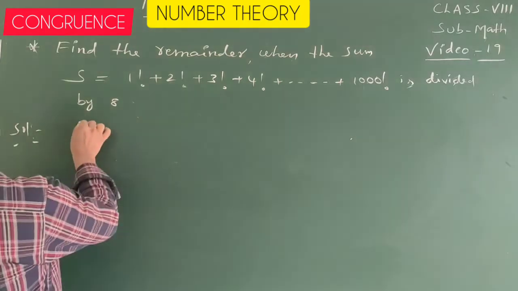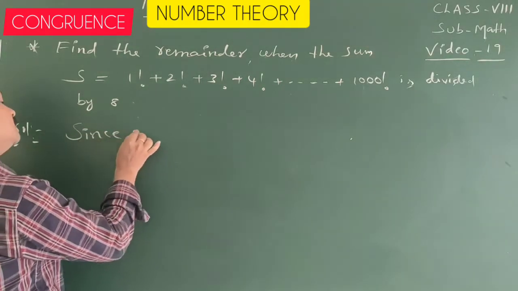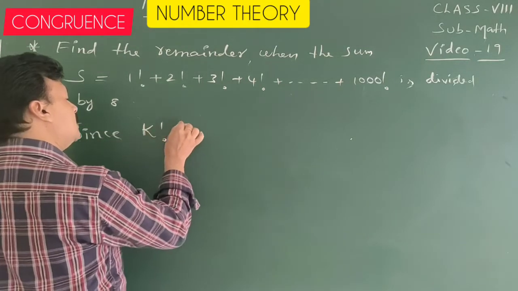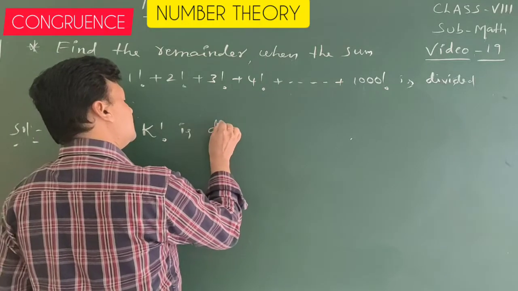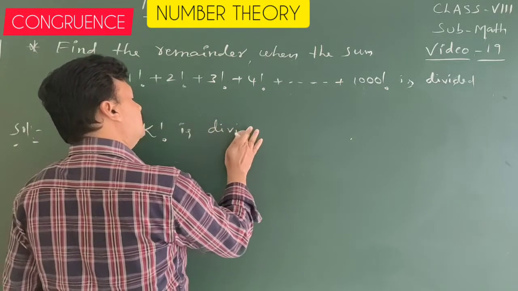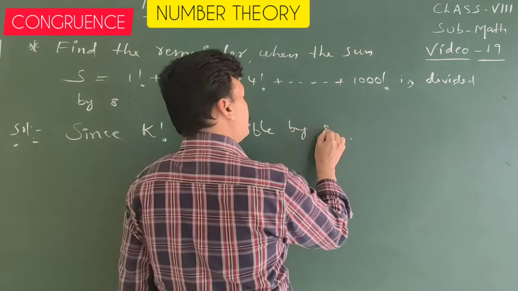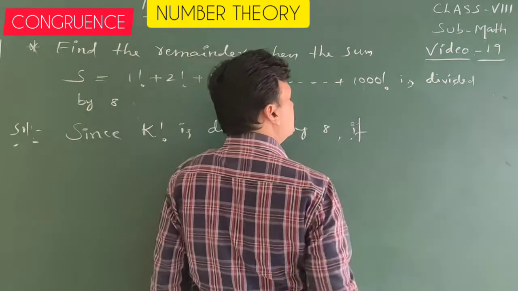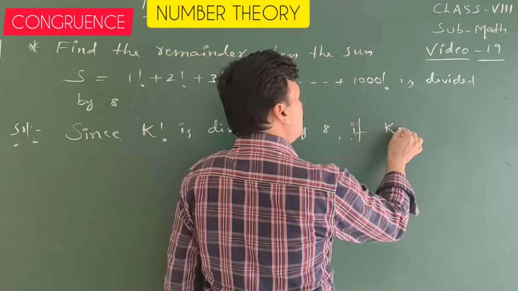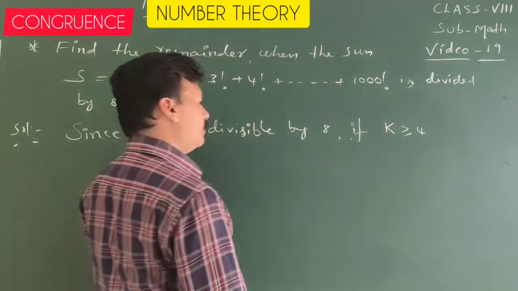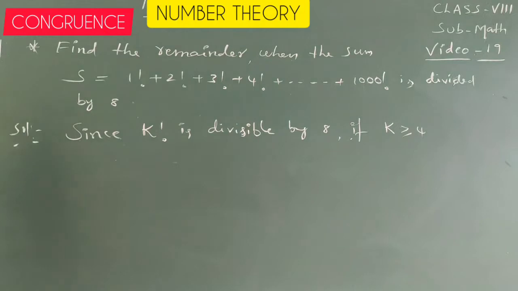Here, since k factorial is divisible by 8 if k is greater than or equal to 4.